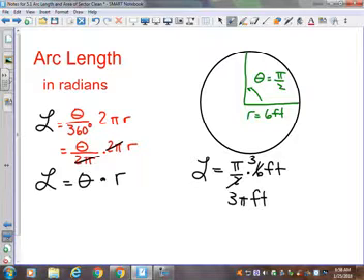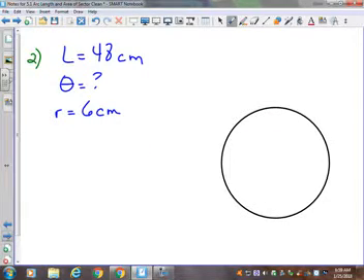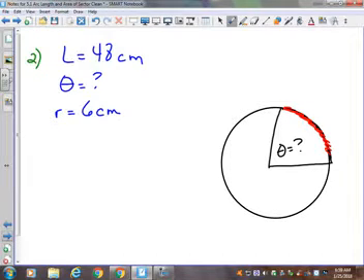It's just as easy to work it backwards. In this problem, we don't know what angle. We have no idea what the angle is, but we know the distance along the outside of this curve. Let me change colors. We know this distance right here is 48 centimeters, and we know that the radius is 6 centimeters.